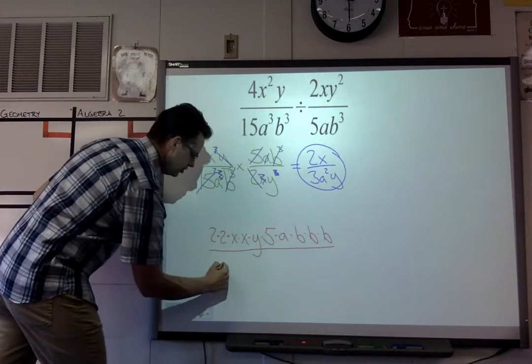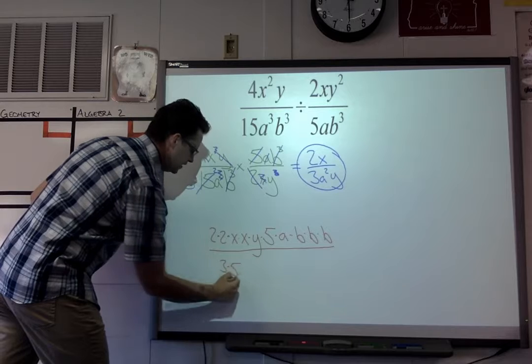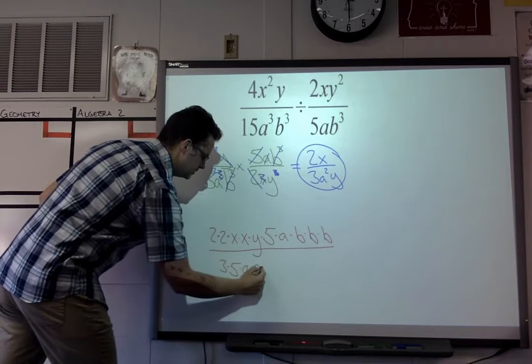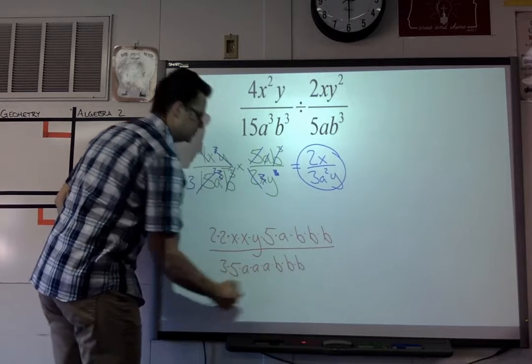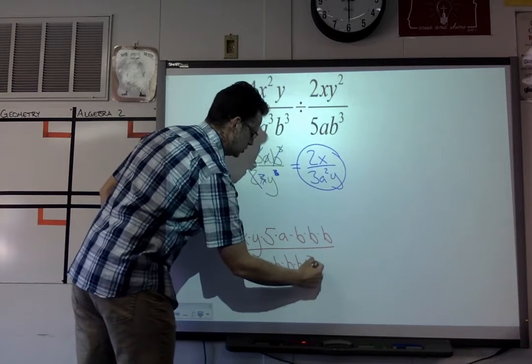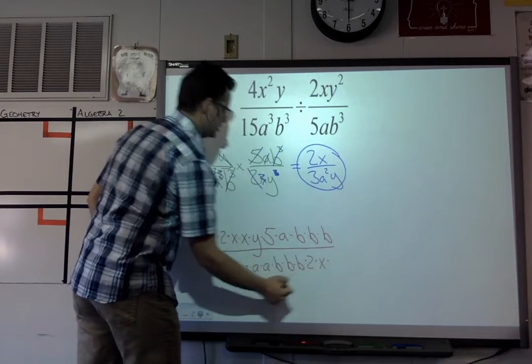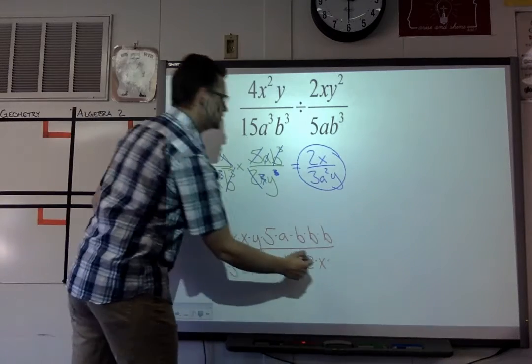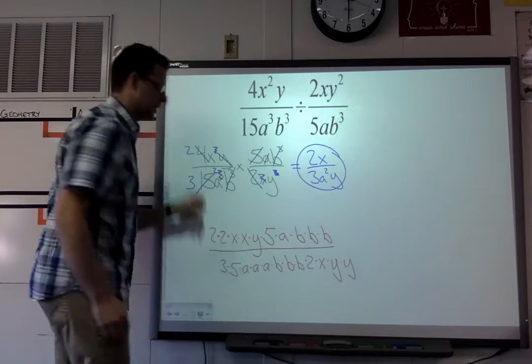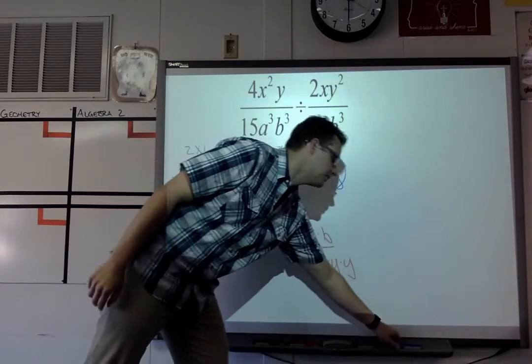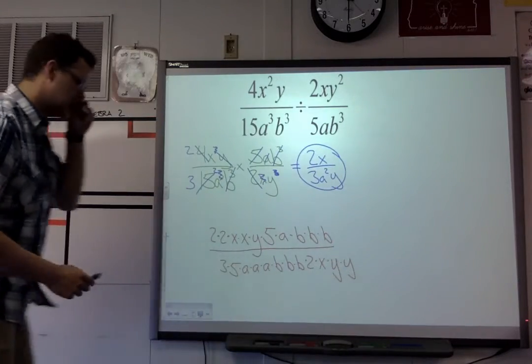Then I'm going to put that over 3 times 5 times a times a times a times b times b times b times 2 times x times y times y.